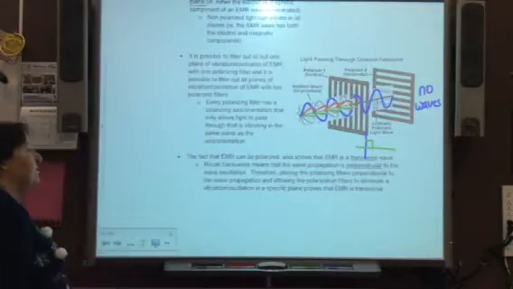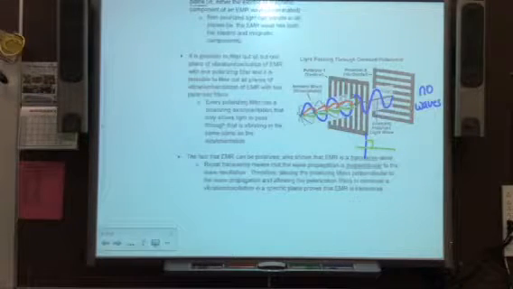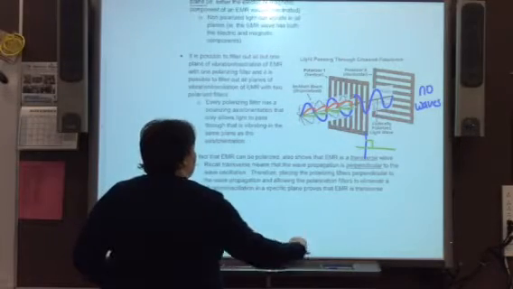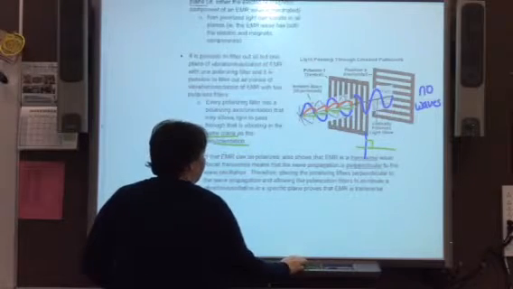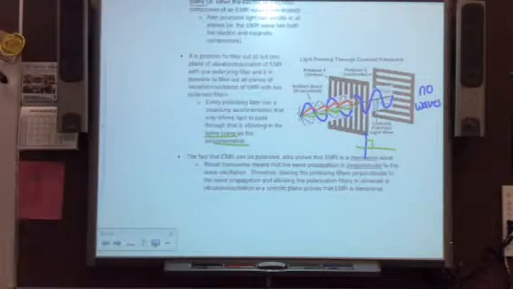So every polarizing filter has a polarizing axis that only allows light that's vibrating in that same plane to pass through, the same plane as the orientation. Okay? So the fact that EMR can be polarized proves that EMR is a transverse wave. Transverse means that it's going perpendicular to the wave oscillation.